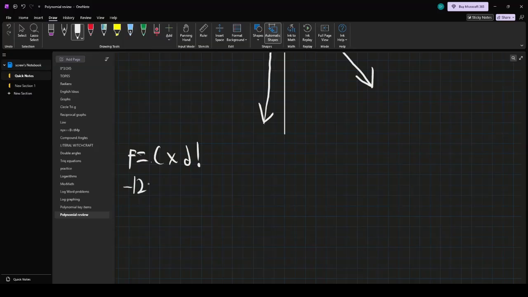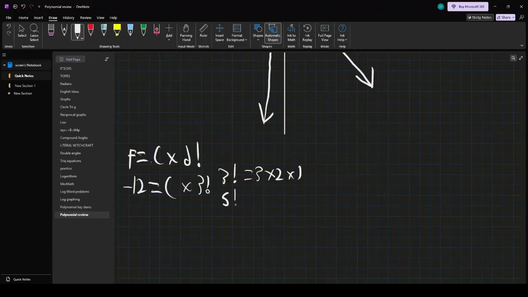So let's do an example. -12 equals C multiplied by 3 factorial, and we want to find the leading coefficient. 3 factorial is equal to 3 times 2 times 1. You count down from this number and multiply it by all integers below it.